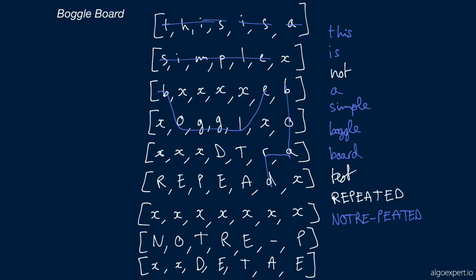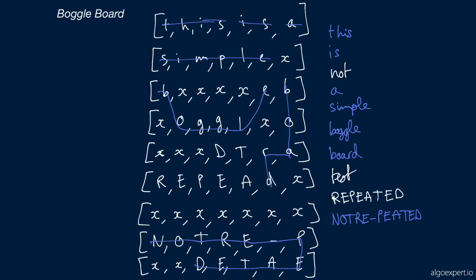And then finally, where it gets really interesting is when we start dealing with repeated characters. At the very bottom, you see how we've got this word not repeated. We can see it's here. Not repeated. And then it kind of goes backwards. The string repeated, however, isn't in the boggle board because we can see it here in the middle. It sort of looks like it's here.